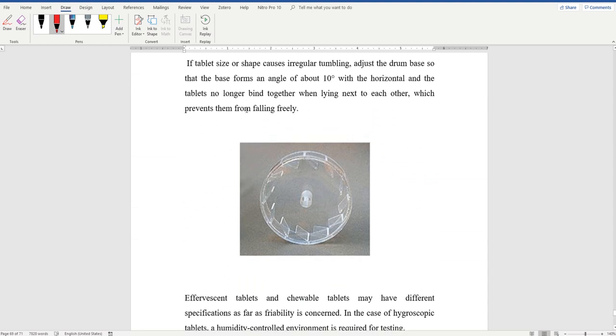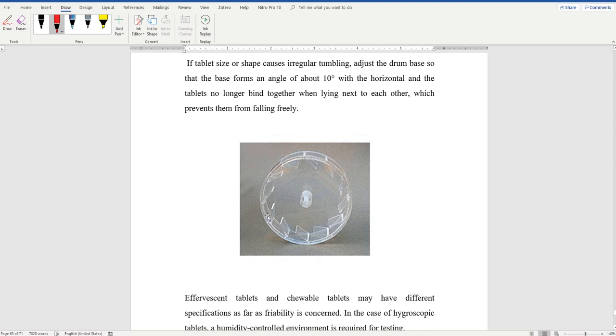In such a drum, like what you see here, there are flanges or racks making about a 10 degree angle.